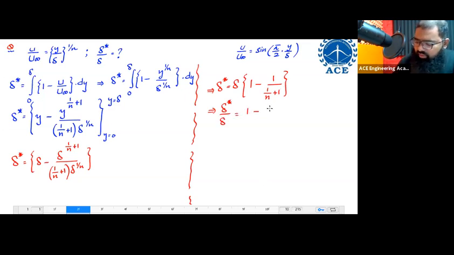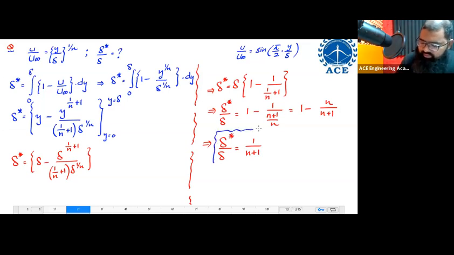Now what is this? 1 minus 1 by (1 by n plus 1), this value I can write as n plus 1 divided by n, so this is equal to 1 minus n upon n plus 1. What is this going to give me? If you calculate this, delta star upon delta is going to be equal to 1 upon n plus 1.